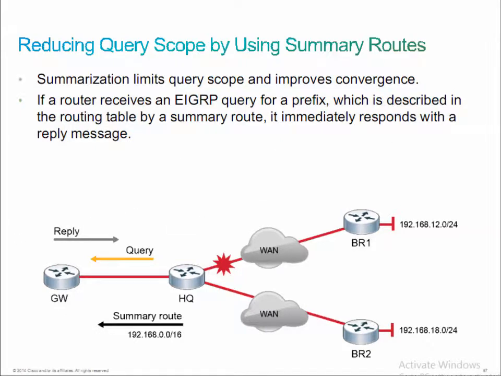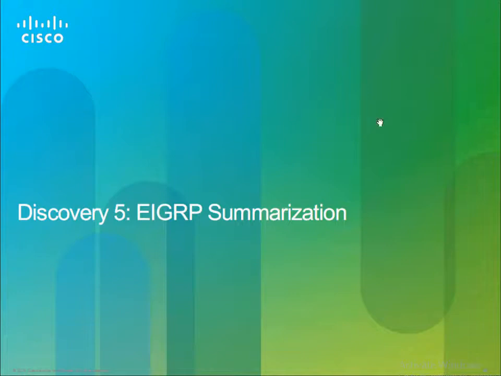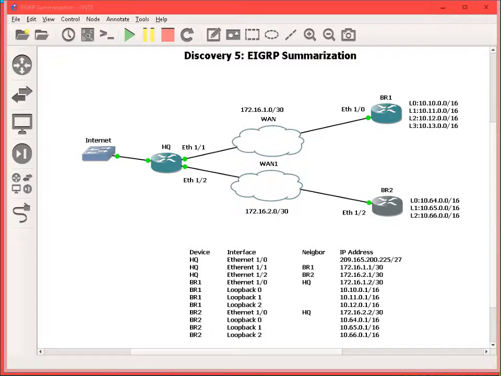So let's go ahead and go into the next discovery, which is discovery number 5. How do we set up EIGRP summary routes? So we've got our topology configured here, EIGRP summarization. Clearly we can see on BR1 and BR2, we've got a bunch of routes that we're going to go ahead and summarize.